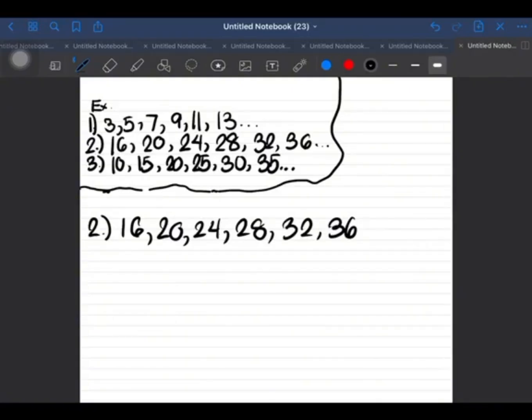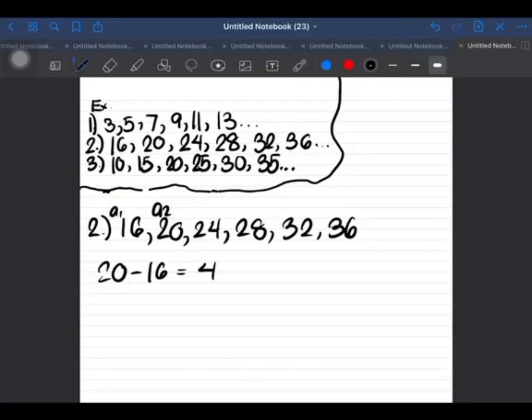It was a sub 2 minus a sub 1. So our a sub 2 was 20, and our a sub 1 is 16. So 20 minus 16 is equal to 4. Then 4 is our common difference. It's actually easy to find our common difference in these examples, because we just subtract the preceding term.